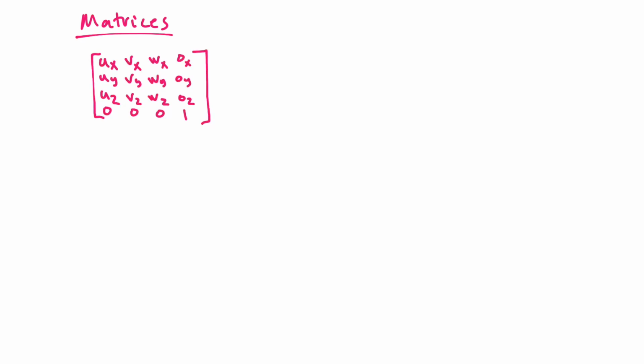So if we think about this, the u-axis is like the x-axis. The v-axis is like our y-axis, the vertical axis. And finally, the w-axis is like the z component. And everything is located here at the origin, which is the fourth column.